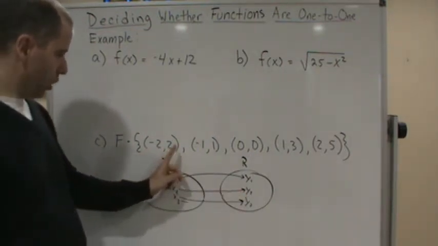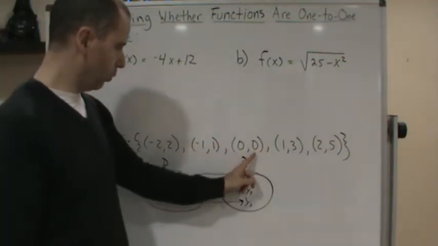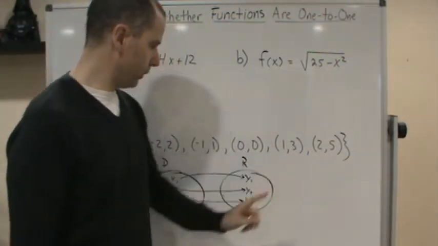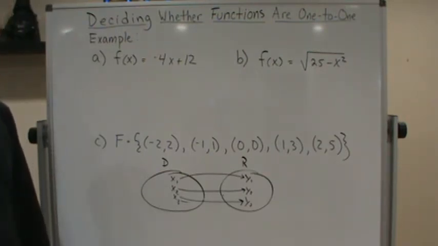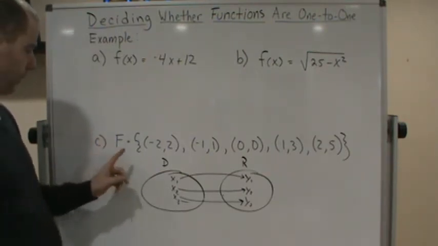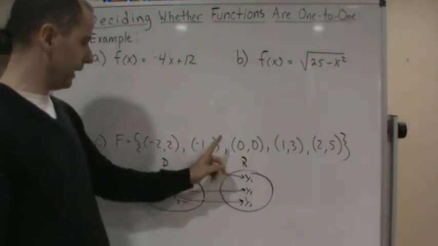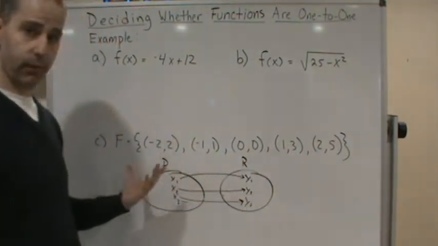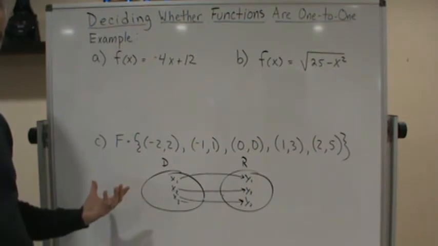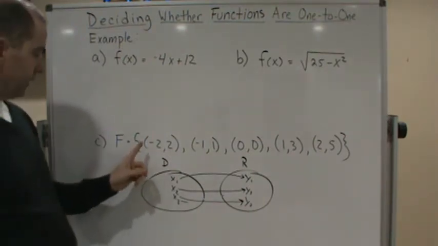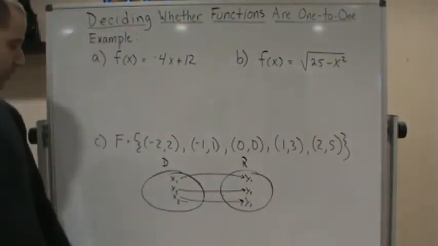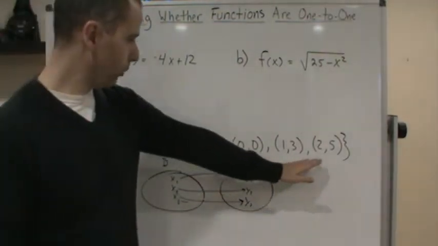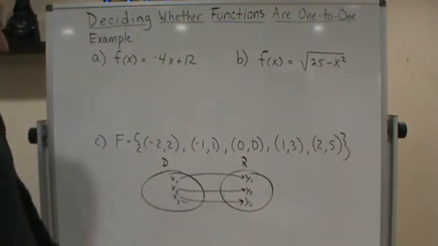If there are no repeated y coordinates, then it's a one-to-one function. We know we're not going to get any repeated x values, else it wouldn't be a function, but we want to make sure there are no repeated y values. In this case there are none, so this is a one-to-one function.